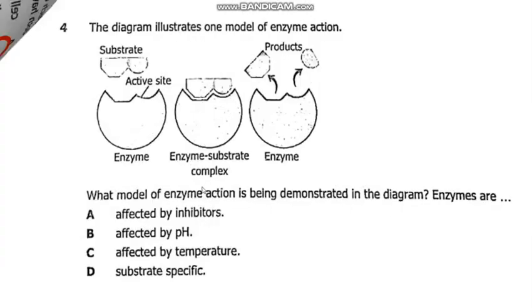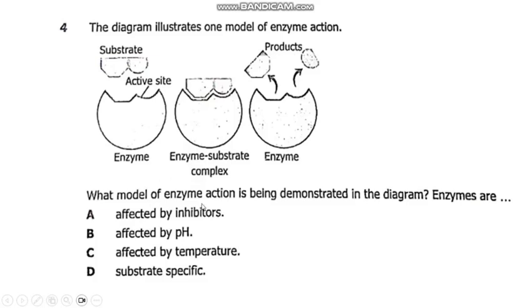We now move on to our fourth question. The question reads, the diagram illustrates one model of enzyme action. Here we have the substrate, the enzyme, the active site, the products and the enzyme, and then the enzyme substrate complex.